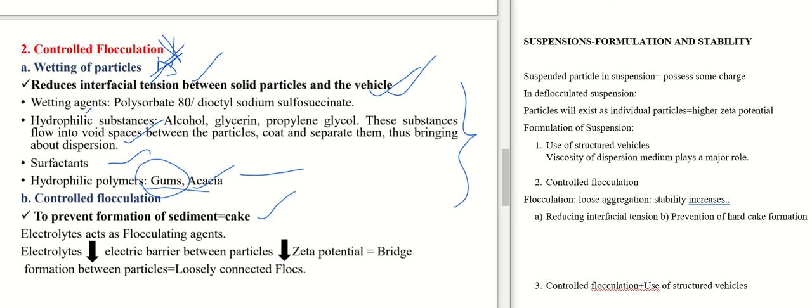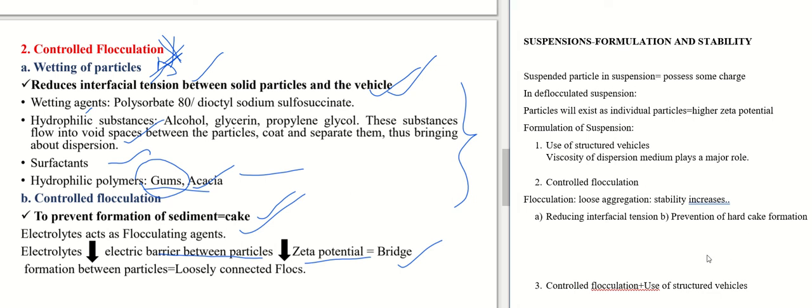Now the second phase of controlled flocculation is how we can prevent the formation of a cake. In this phase we add electrolytes so that the electrical barrier between the particles is reduced and there is decreased zeta potential, and attractive forces exist between the particles, thus forming loosely connected or loosely arranged floccules.